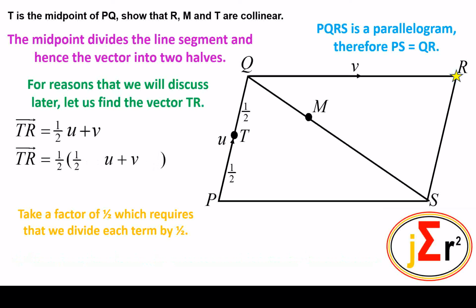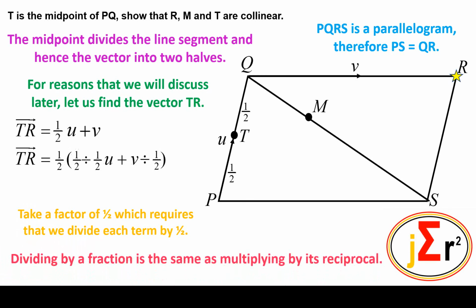Now, let us go back. What we have here is the same thing: a half of U plus V. We are taking the common factor of a half out. We divide by a half in each case. Dividing by a half is the same as multiplying by the reciprocal, which is 2, or 2 over 1. If we take the factor of a half away from the U, U is all that we will have left.